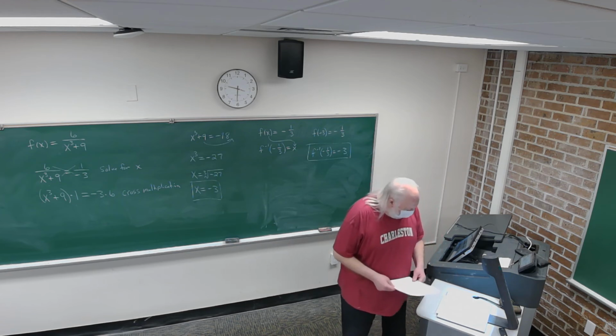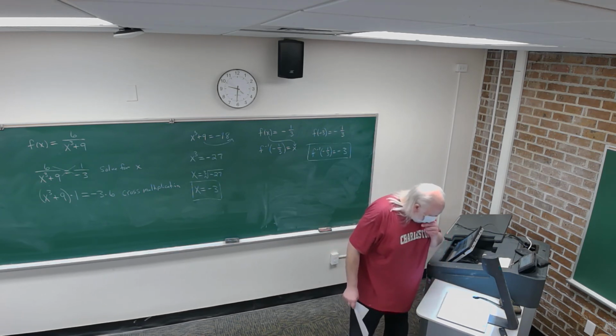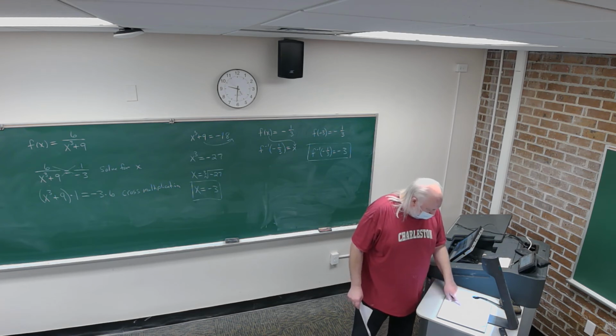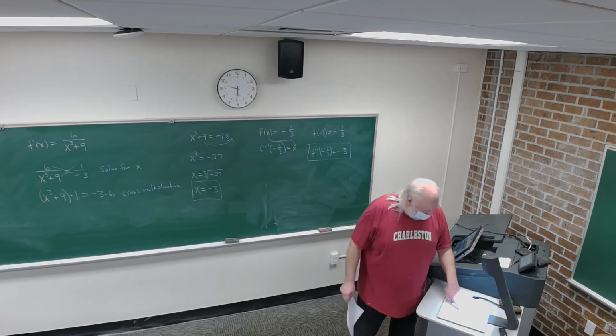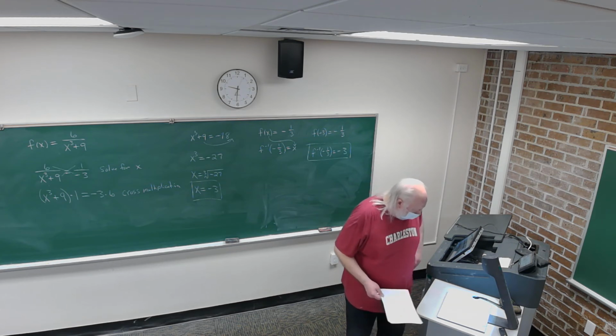In example 3, it says, given f of x is equal to 1 over x minus 4, and g of x is equal to 1 over x plus 4, verify that the functions f and g are inverses.